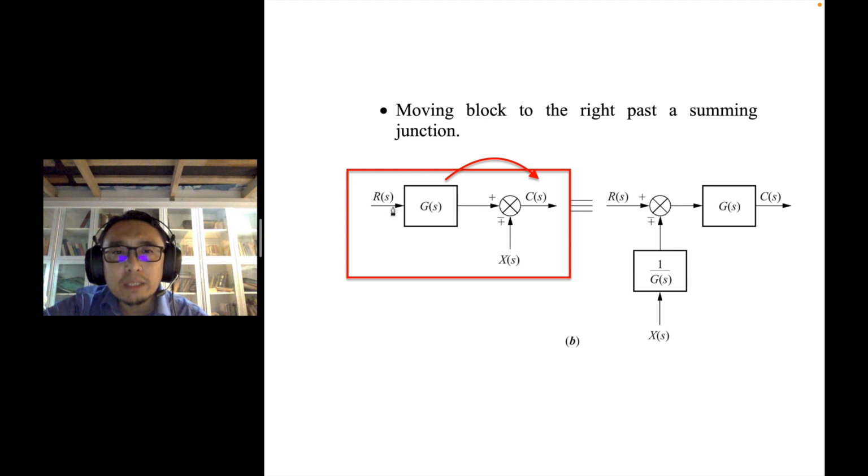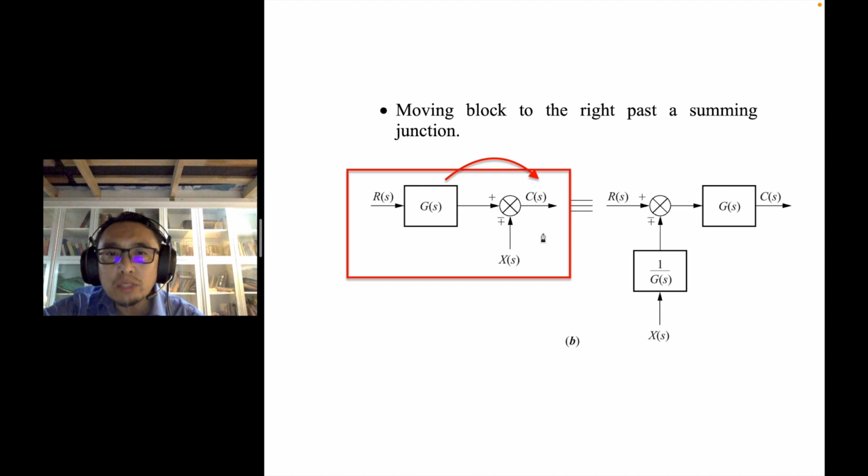So what happens is, originally you have G here, and if you move it to the output, then you can remove the G here. Alright, and now the G is after the summing junction. But as you can see, originally this signal does not have G here.